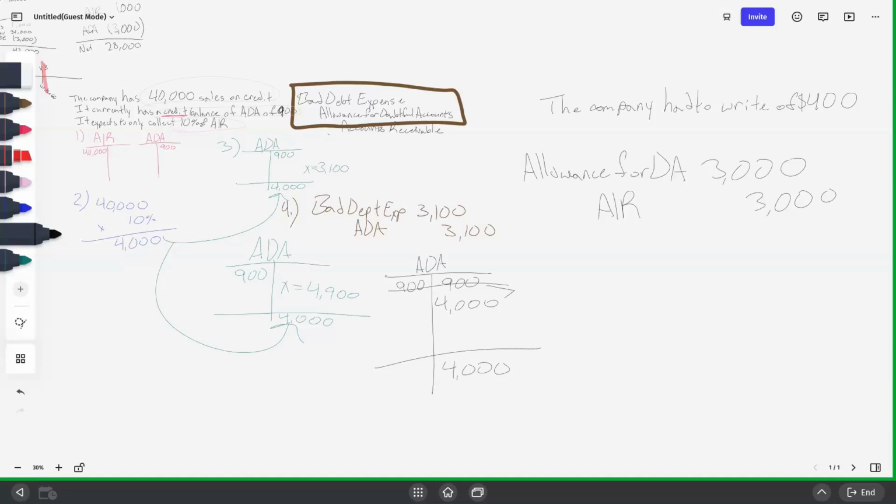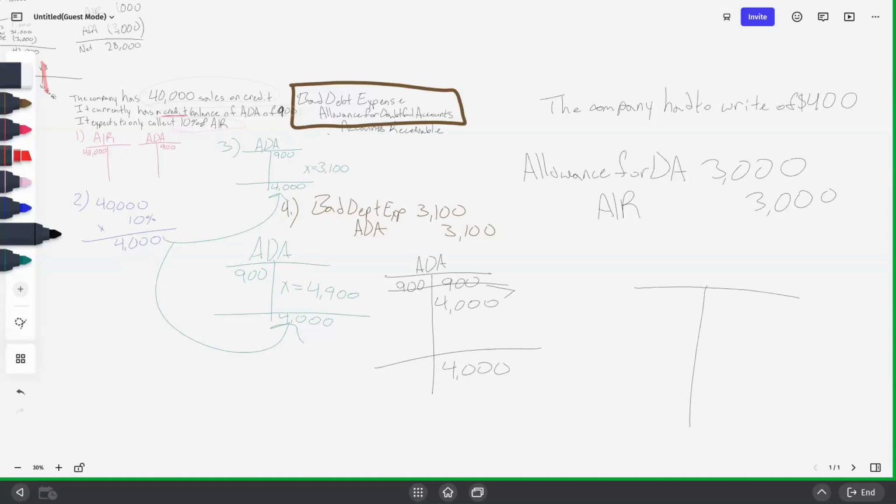Okay. So is the 988 like leftover 88? Yes. Most of it was paid towards paying off that bad debt expense. So we're going to keep going with this one.